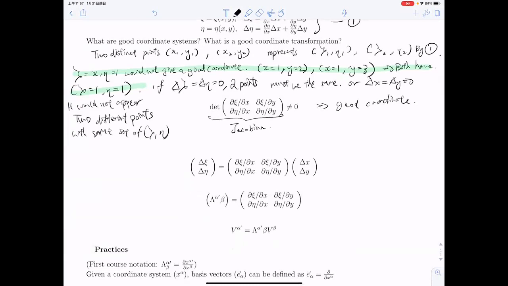If the Jacobian equals 0 at a point, the transformation is said to be singular there.